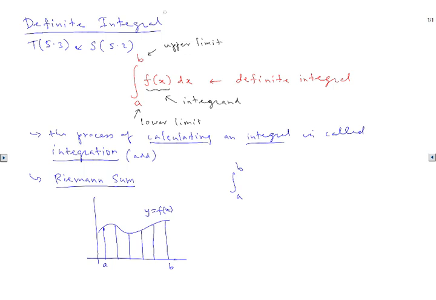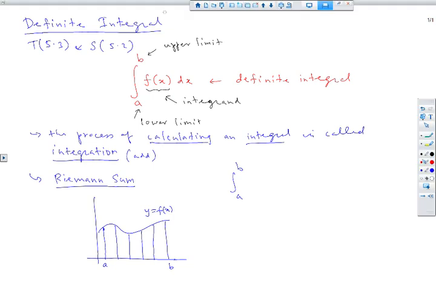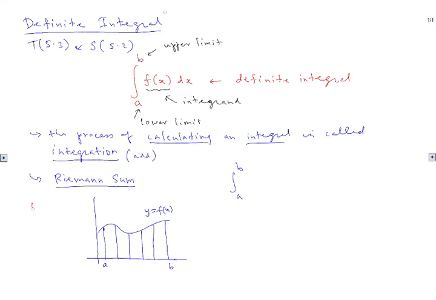You can pick the left endpoint, or you can pick the right endpoint. Let me write the options. The options are to pick the left endpoint, so you pick this corner as the typical value, or you can pick the right endpoint, or you can pick the middle point, what we call the midpoint.